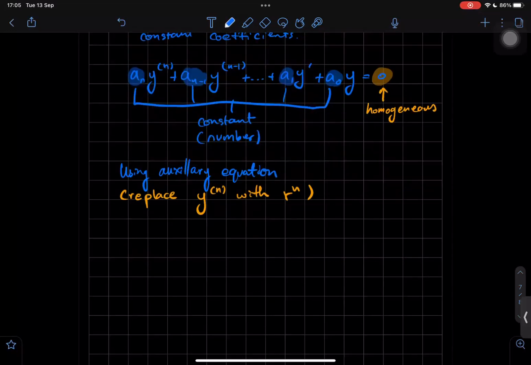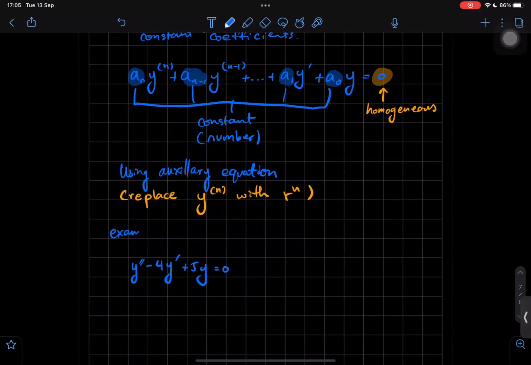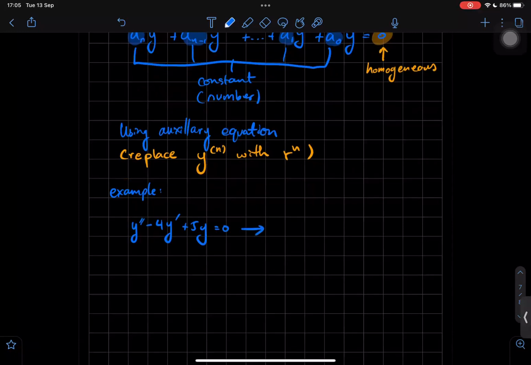So for example, you have this equation, y double prime minus 4y prime plus 5y equal to 0. You replace it by r squared minus 4r plus 5 equal to 0.